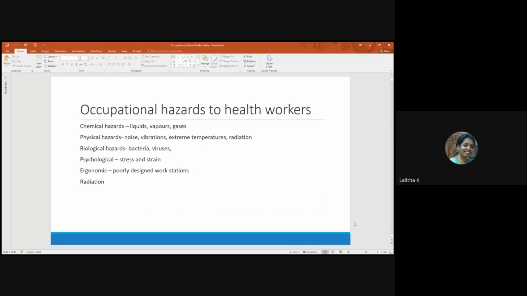What are the hazards? We already know healthcare workers are exposed to various hazards. One is chemical hazards because of liquids, vapors, gases. Physical hazards could be noise, vibrations, extreme temperatures, and radiation. And biological hazards like bacteria, viruses, or other pathogens. Psychologically, they can be exposed to mental stress and strain. And ergonomic hazards because of poorly designed workstations, if their chairs are not good, and radiation hazards.